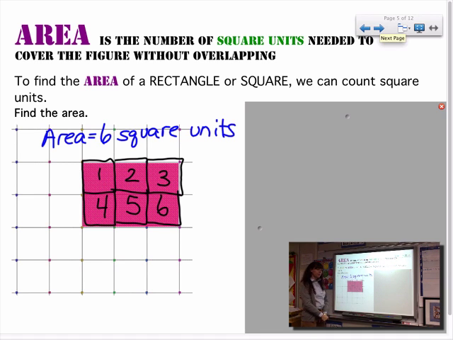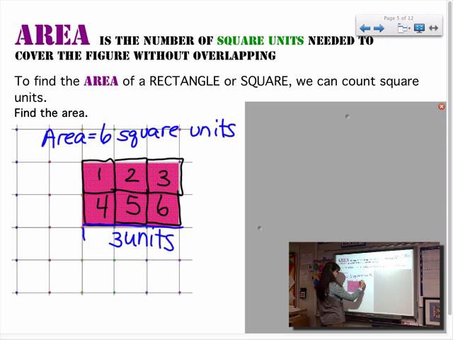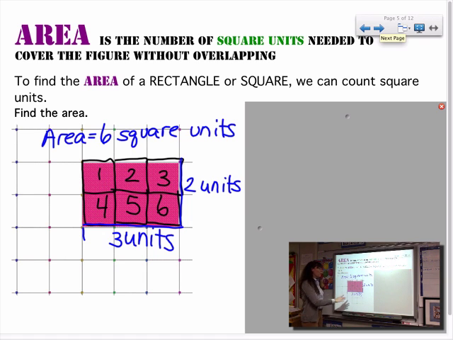But I want to open your eyes to this idea. When we see that the length of this rectangle is 1, 2, 3 units long, and 1, 2 units wide, we can find the area by thinking about multiplication.